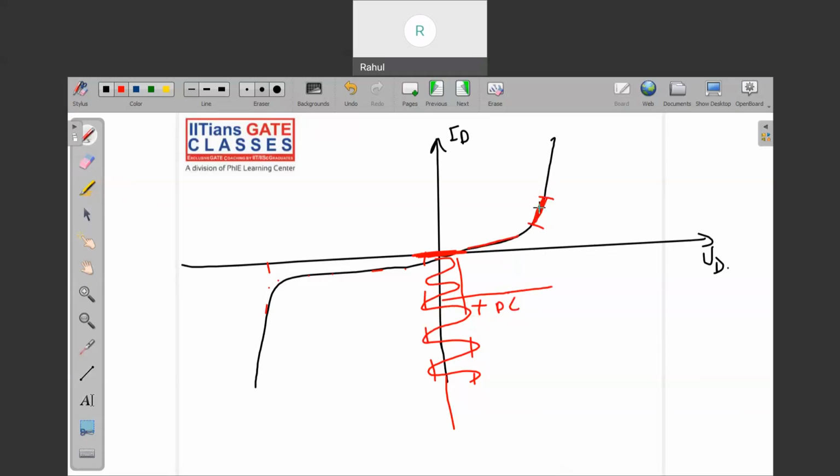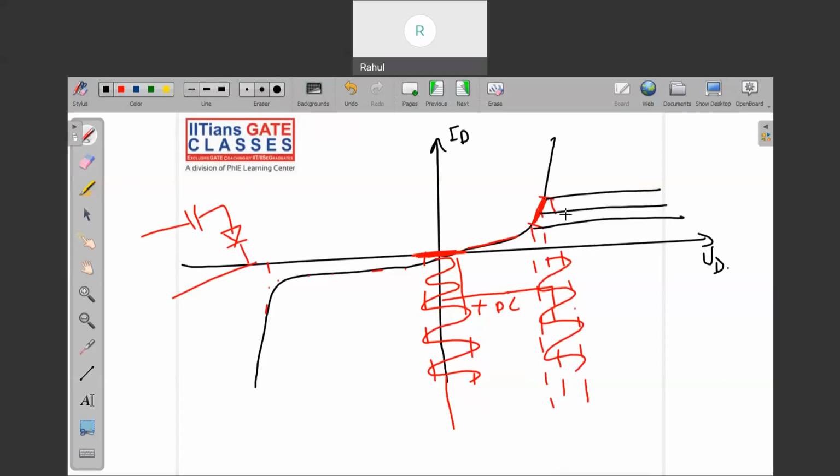How can you shift it? With the help of a clamper circuit. Your signal will be here, and you have to keep the signal small as well. Now you can measure the output here. Whatever input you apply, you get the same output.